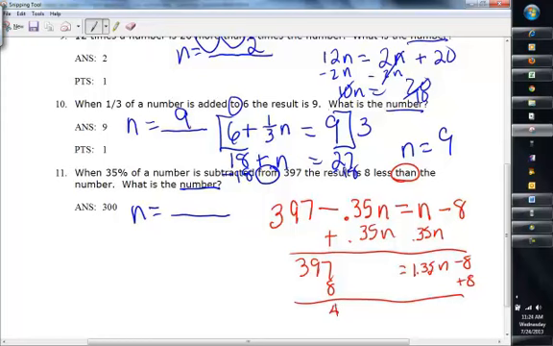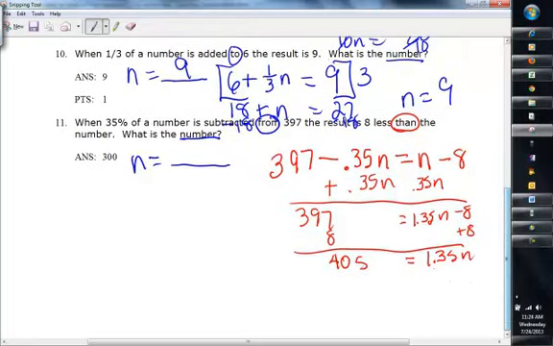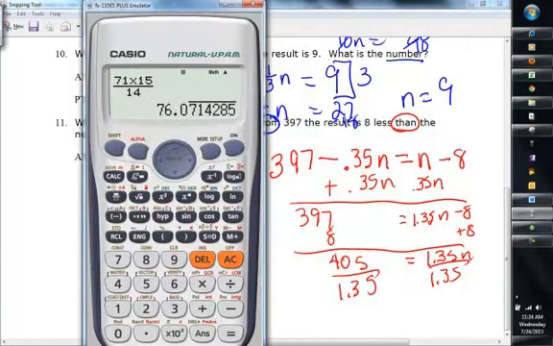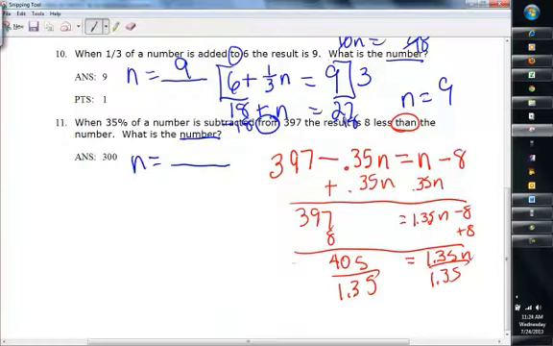And we get 405 equals 1.35n. Divide both sides by 1.35. 405 over 1.35 equals 300 is the number.